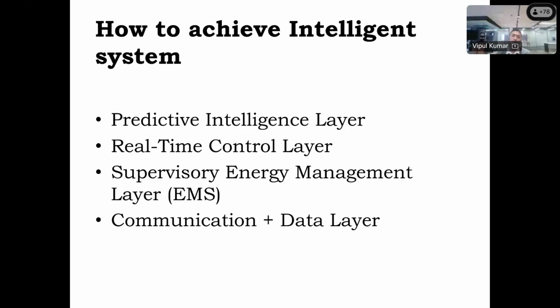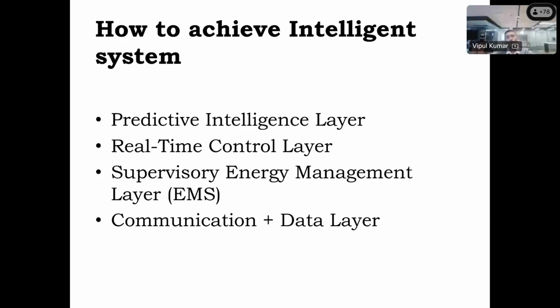We can make it priority based, like solar can give, or wind can give, or battery can give, or fuel cell can give. The first priority is set for solar. After that, based on the wind availability, the second priority is wind, the third is battery, and the fourth and last is the fuel cell. So like that, the third layer is the management layer. It will manage the load energy.